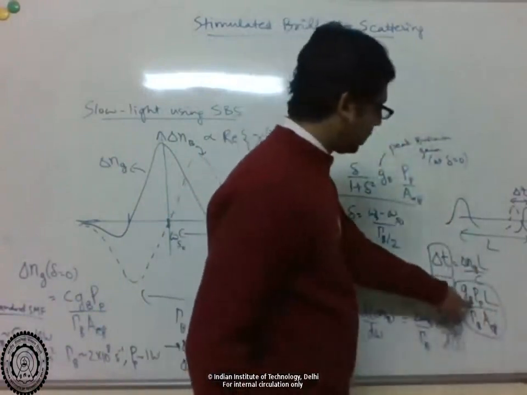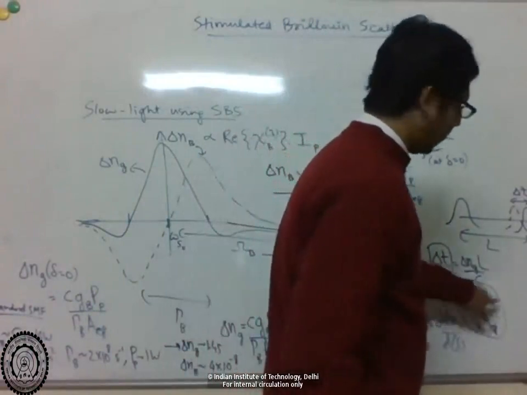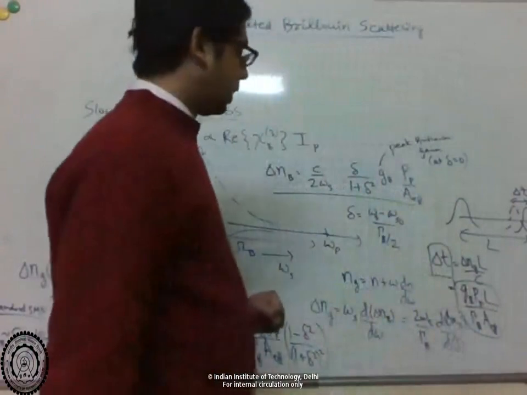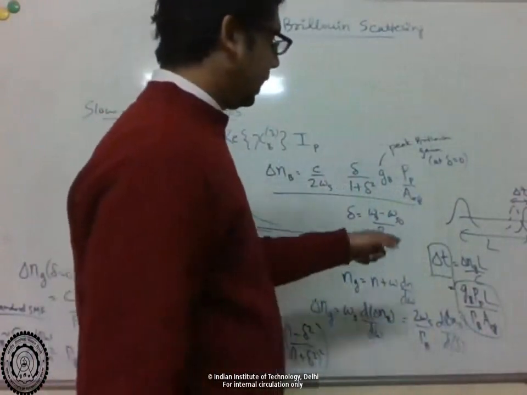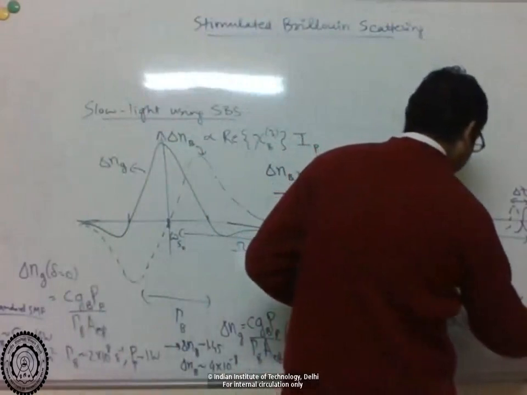And recall this GB, so P over A is I, so this is GB I L, right? Which was basically the Brillouin gain, right?